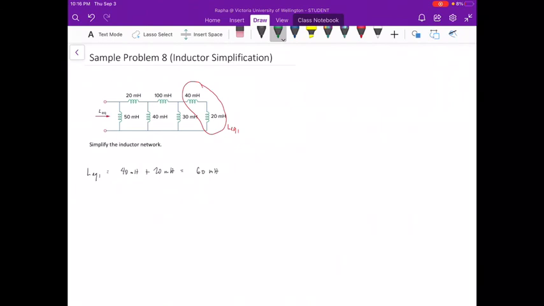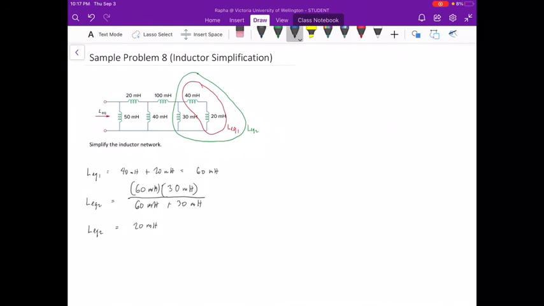The next thing that we can add is this network over here, which we will call our LEQ2. So our LEQ2 is a parallel sum: LEQ1, 60 millihenry, times the new inductor, 30 millihenry, over 60 millihenry plus 30 millihenry. We have LEQ sub 2 is equal to 20 millihenries.